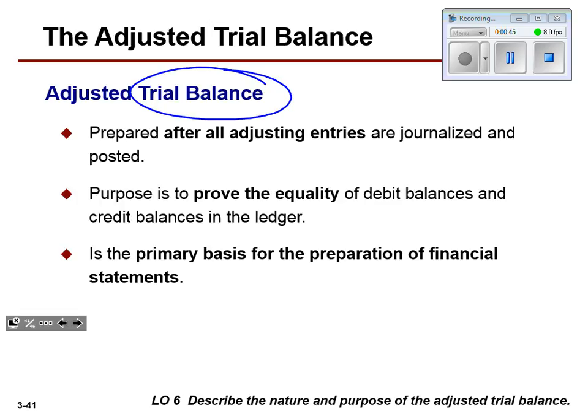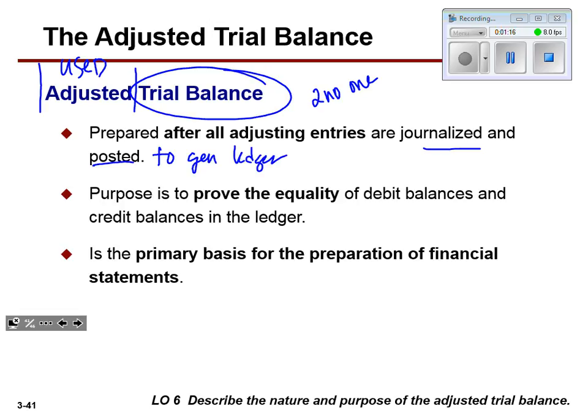But now we're going to do a second one after we've done our journal entries for what we've used or what's happened. An adjusted trial balance truly is a second one, like part two, if you will. It's prepared after all of the adjusting entries are journalized and posted to the general ledger.